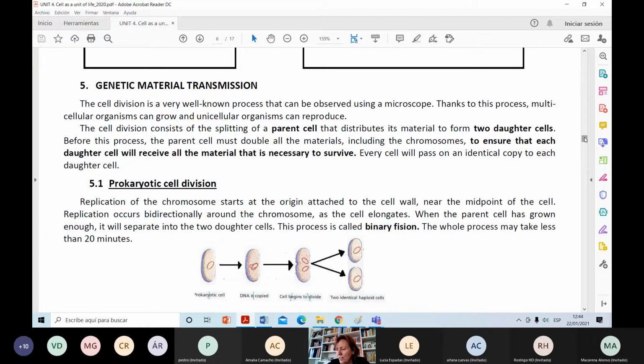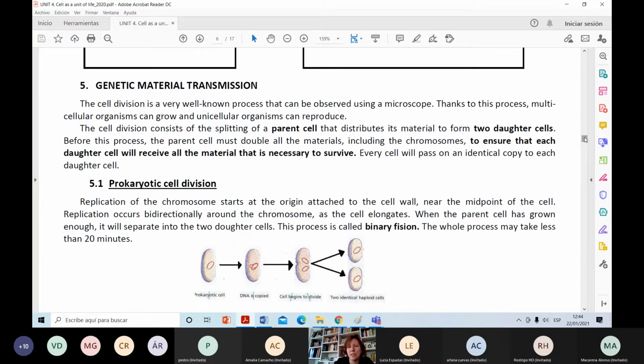If you see the stage number 1 that is represented there and stage number 2, in fact, they say exactly the same. When you've got time, read it, and you're going to see that 1 and 2 say exactly the same. And they don't differentiate when the cell is growing, when the DNA is duplicated, or when the rest of the organelles are going to be duplicated, prepared for the division.